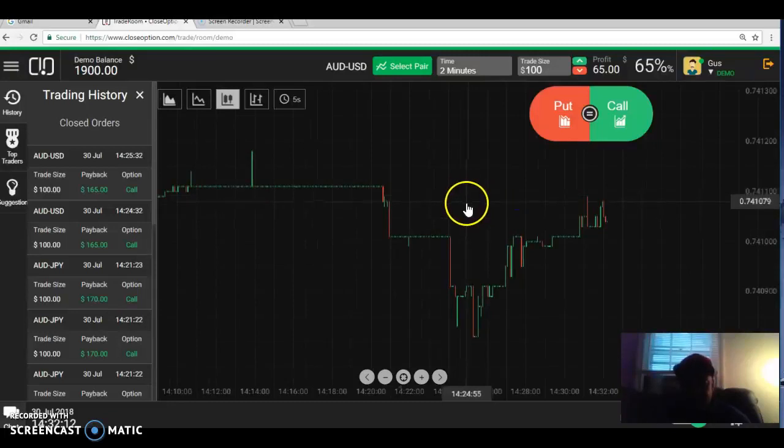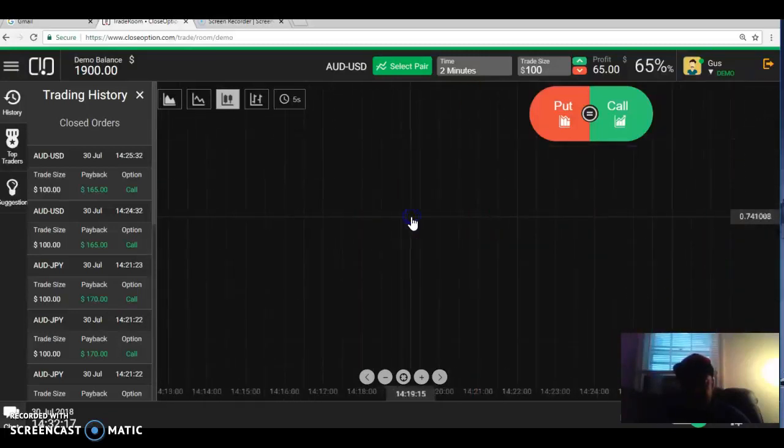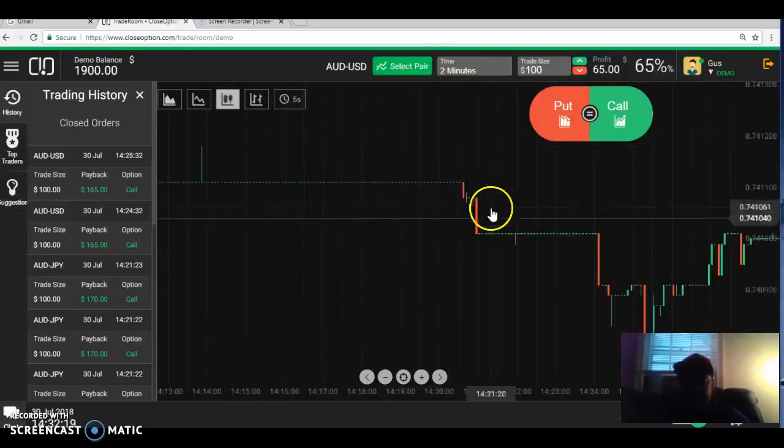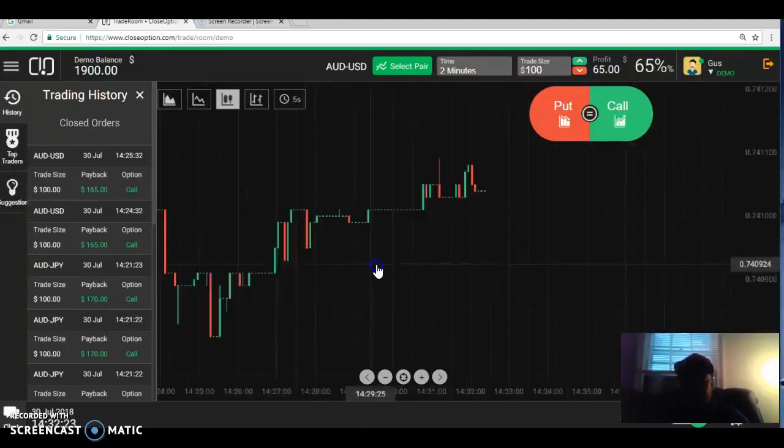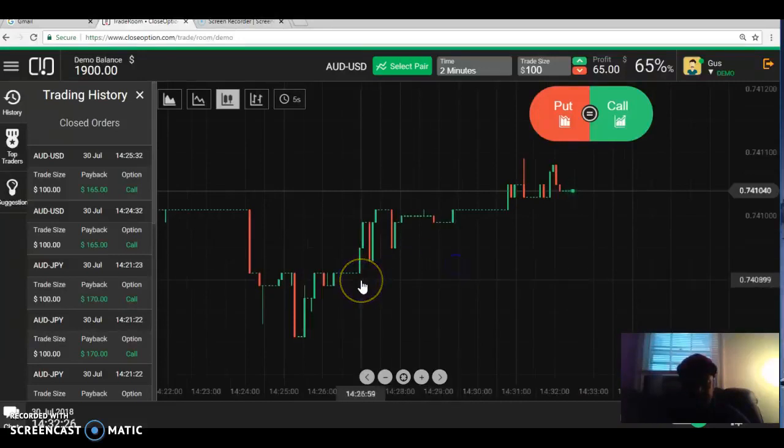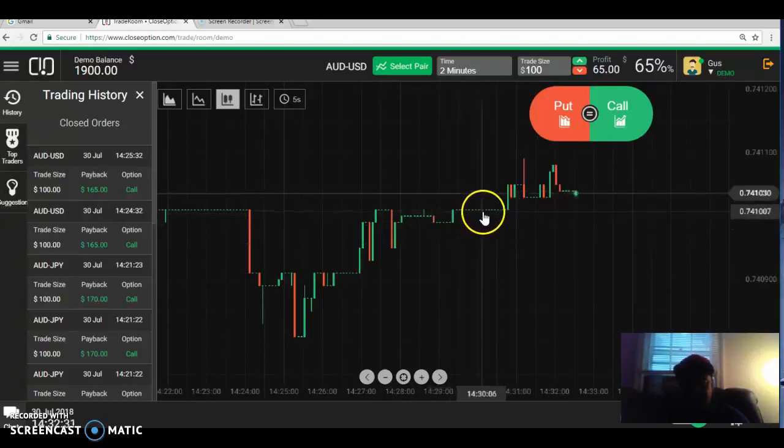What I see here is I'm looking at these candles. These are 5-second candles, so they're a little bit different than your traditional 1-minute candles or five-minute candles. They tend to go sideways here because they're only 5 seconds.